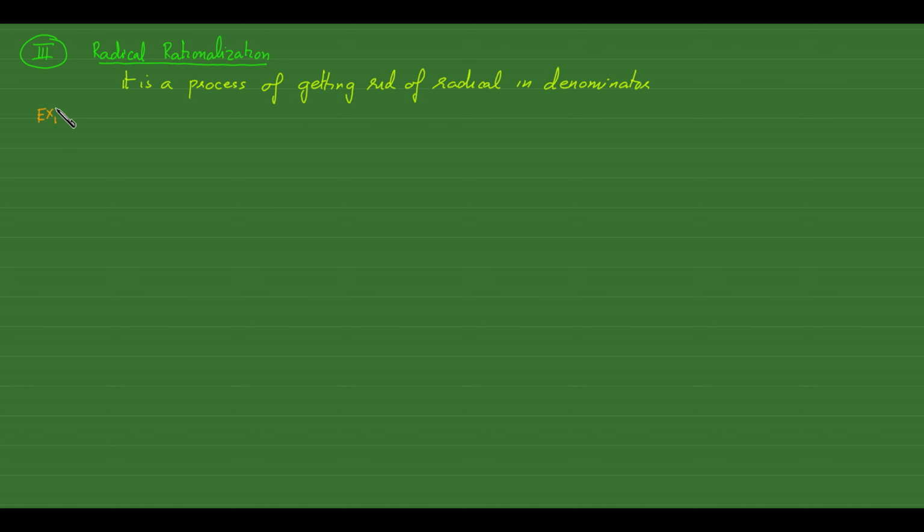Okay, so I'm going to have something simple again, and how about this one right here? Alright, I have 4 over square root of 3, and I want to rationalize it.